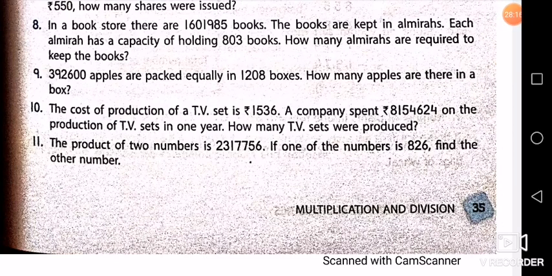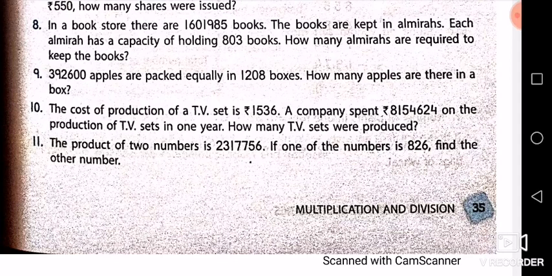So let's revise what we have done today. We have done division questions in which the earlier concept is not given like that. Only one question, which I have given you as homework, question number 9, the number of apples in 1208 boxes, then the number of apples in one box, is of that basic concept.